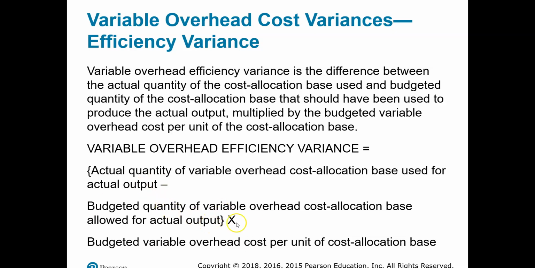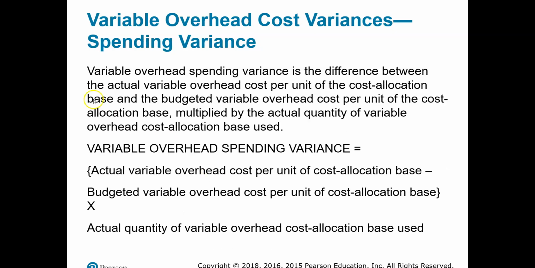And then we're going to take the difference and multiply that by a budgeted variable overhead cost per unit. We actually look at the variable overhead efficiency and spending variances in our example 1 exercise. That's an additional video beyond this.